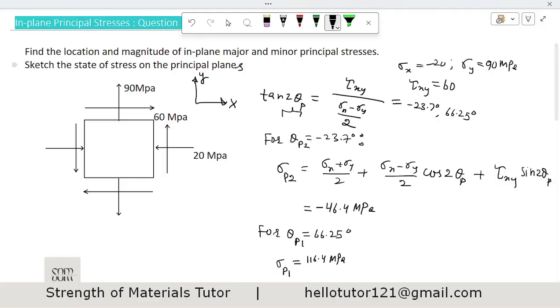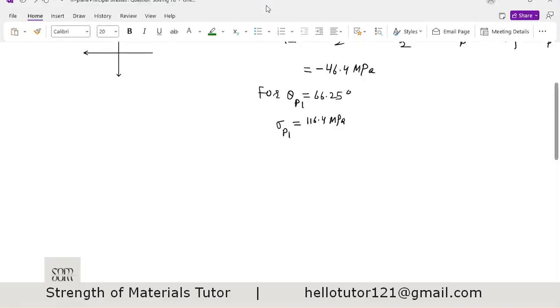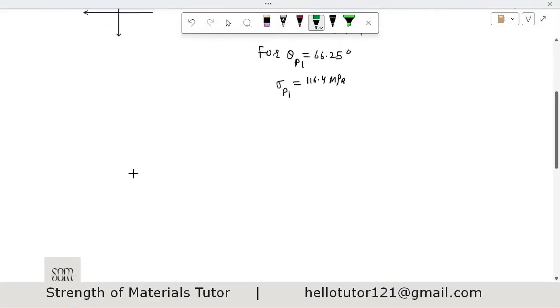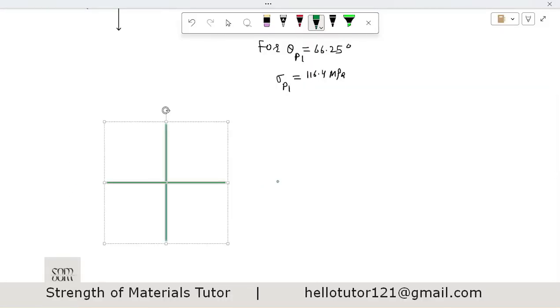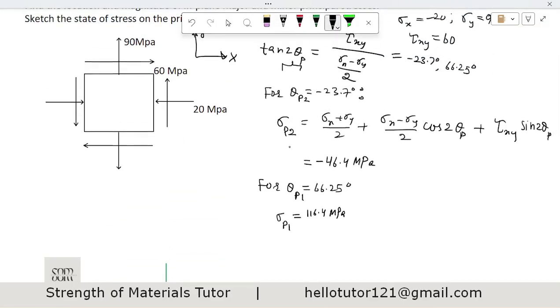So this is the before one, right? This is before rotation. Okay, now I will draw the after rotation.